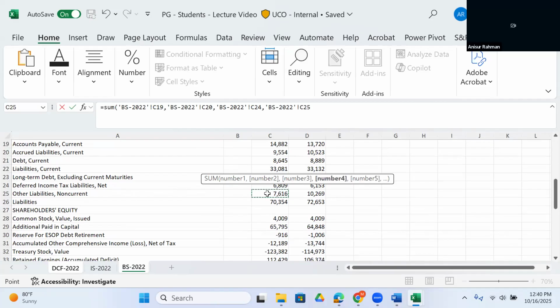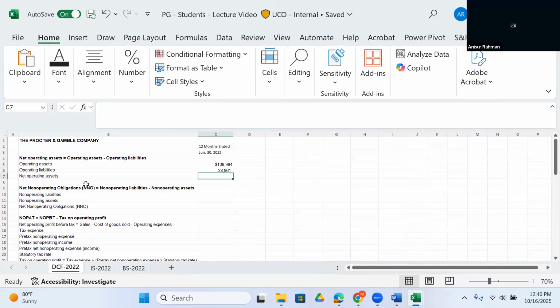Other liabilities, yes. Okay, that's it. So now I have to find out net operating assets, which is operating assets minus operating liabilities.